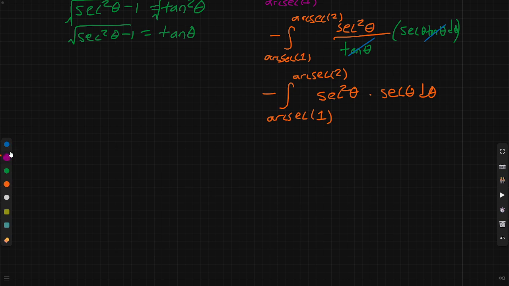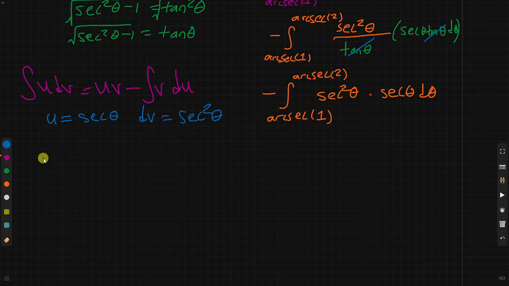So we have the integral of u dv equals uv minus the integral of v du. Let's choose our u and dv. We have u to be the differentiable part, so secant theta, and dv equal to the integrable part, so that's secant squared theta.